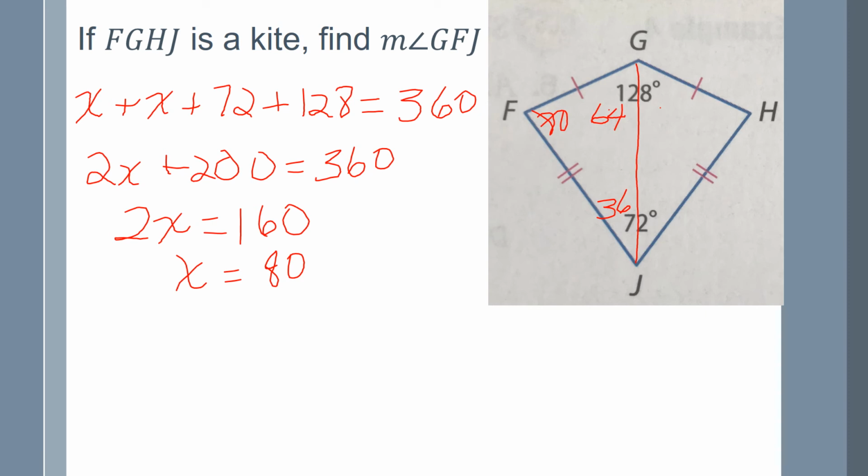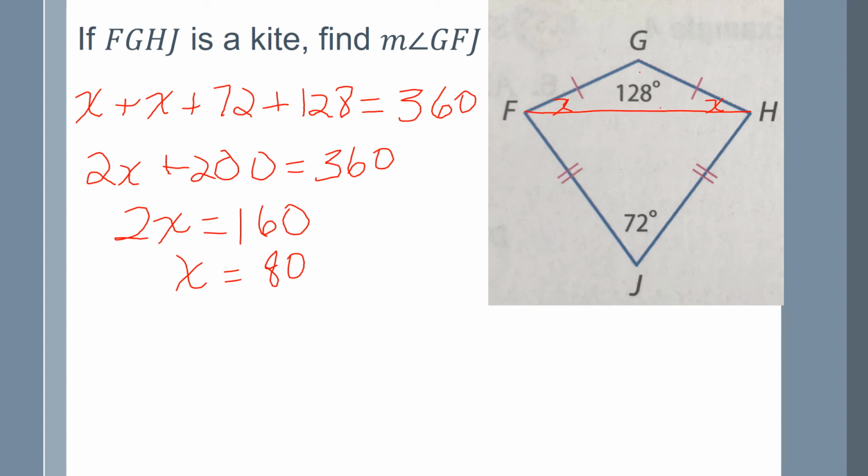The third method is a little more complex than that, and that is where we would draw our diagonal this way. So if this angle is 128, these angles here would have to be, let's say those are x, well, they have to add up to 180, right?